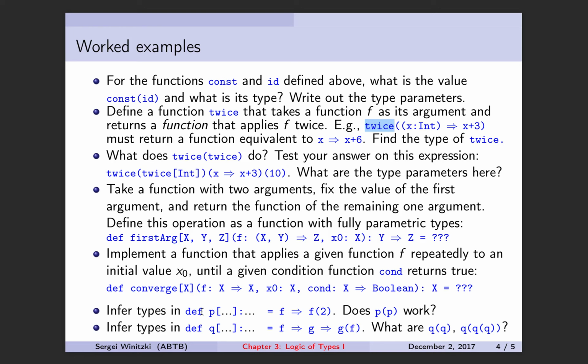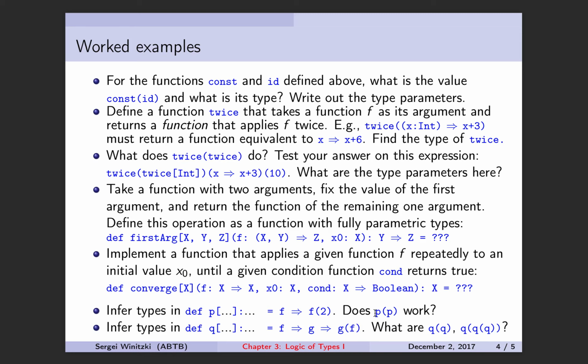Another thing I explain is how to infer types. If you just have code like this, you can infer what types these functions must have and what type parameters they must have. This is also a very important part of reasoning about code. It's reasoning about what types various values must have and what the type parameters are.